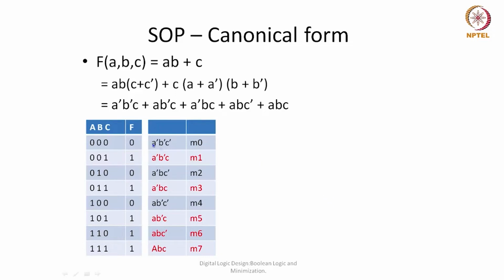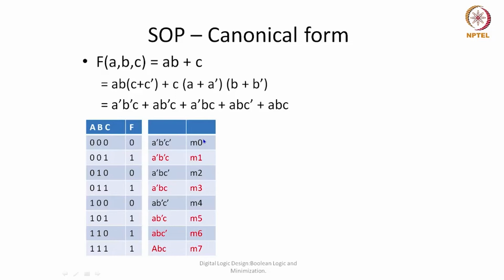So then this particular min term has to be present in my canonical form. So here A dash B dash C is present, so I am making it red, and I am calling this min term m1.